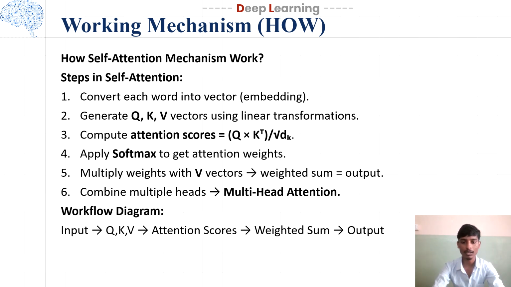These scores are normalized using a softmax function. The normalized weights are multiplied with the value vectors to produce the final output. In transformers, multiple attention heads are used. This is called multi-head attention, which captures different types of relationships. In short, input is given to Q, K, and V, the attention scores are calculated, then the weighted sum, and then we get the output.